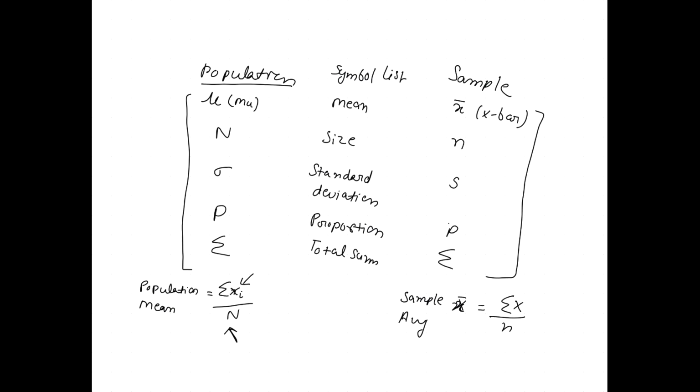Now I will show you the formula for the standard deviation too, how you can calculate it. So we will pick up the pen from here. This is your population standard deviation.